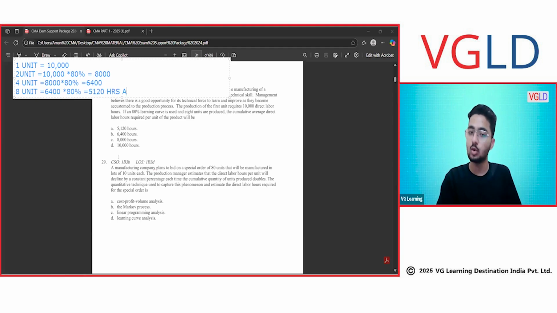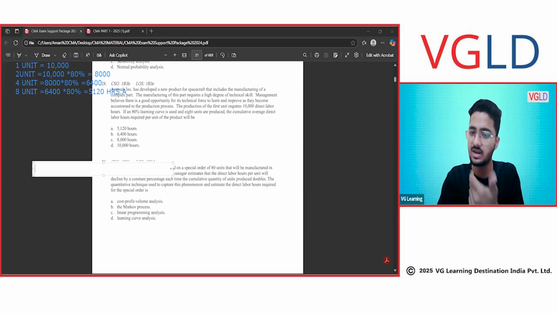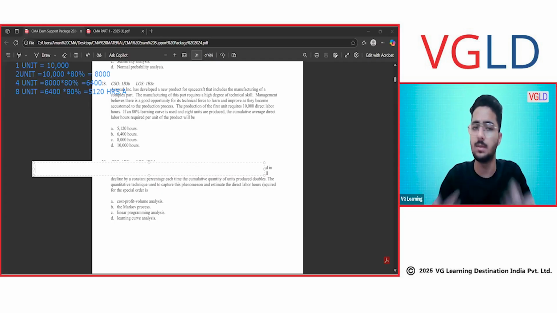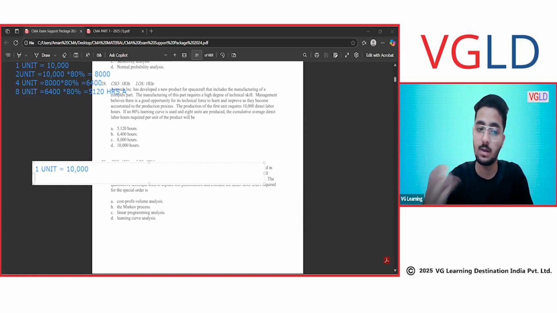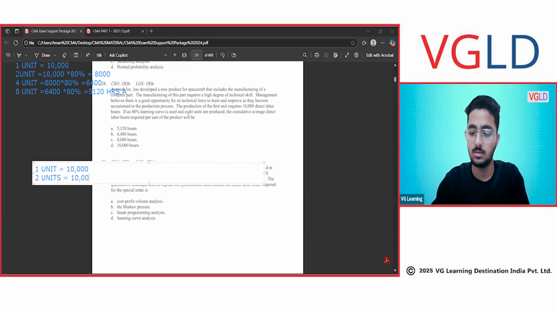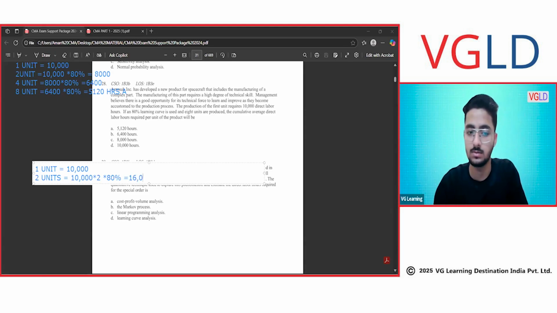Now we'll do the same question with the doubles method. The doubles method is a little different. The first unit will always be the same, 10,000 hours. For 2 units, double it: 10,000 multiplied by 2 multiplied by 80%, that is 16,000.